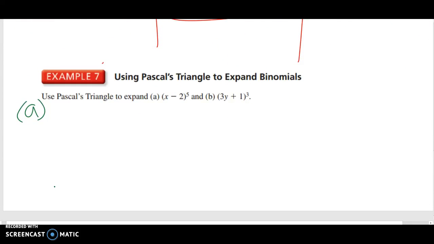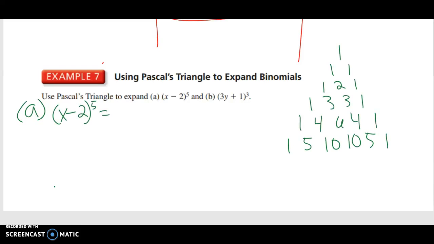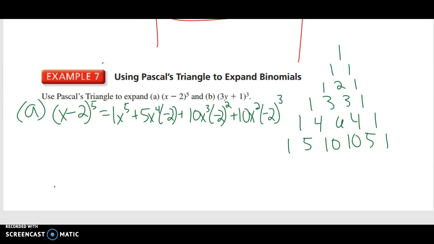So let's look at part A. So looking at Pascal's triangle, I know that I'm going to start this off with my coefficients, 1x to the 5th plus 5x to the 4th times negative 2 plus 10x to the 3rd times negative 2 squared plus 10x squared times negative 2 to the 3rd plus 5x times negative 2 to the 4th, and then plus 1 times negative 2 to the 5th.